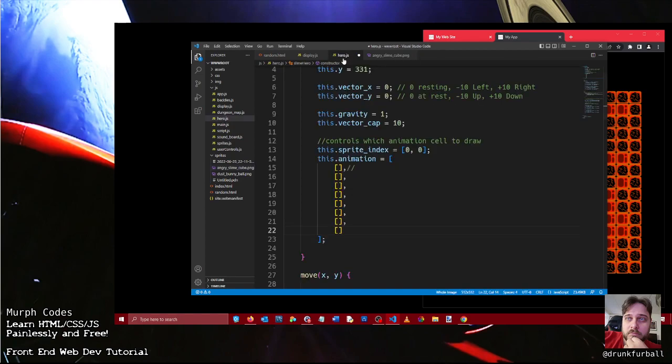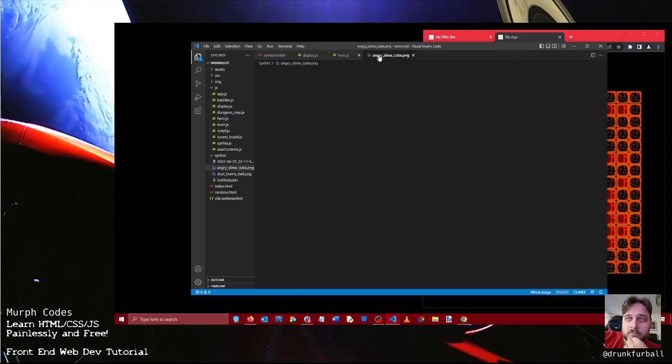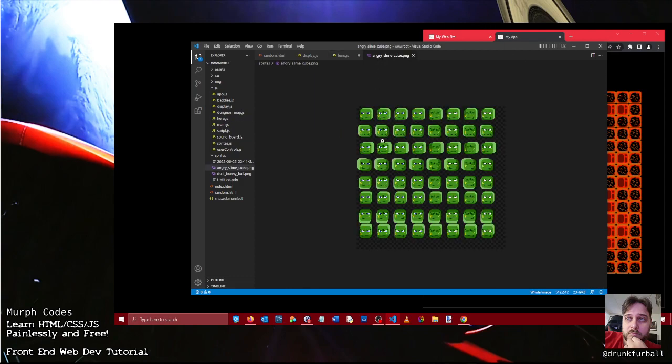So, his initial movement is 1-1. And if he just stands there, I don't know, do we want him to occasionally look left, blink?